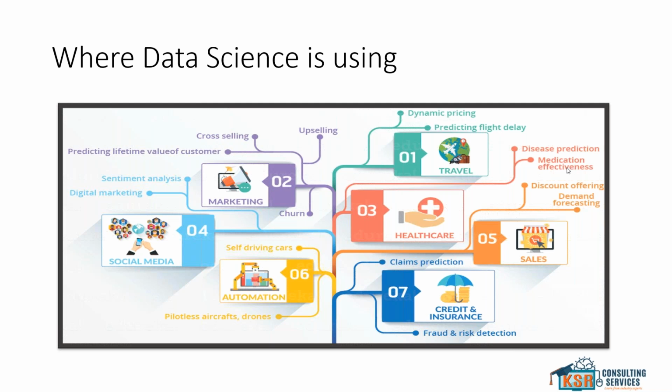And medication effect: for example, COVID vaccine trials are going on across the world. To understand whether these COVID vaccines are effective or not, they are using medication effectiveness. These are some of the projects in the healthcare industry.